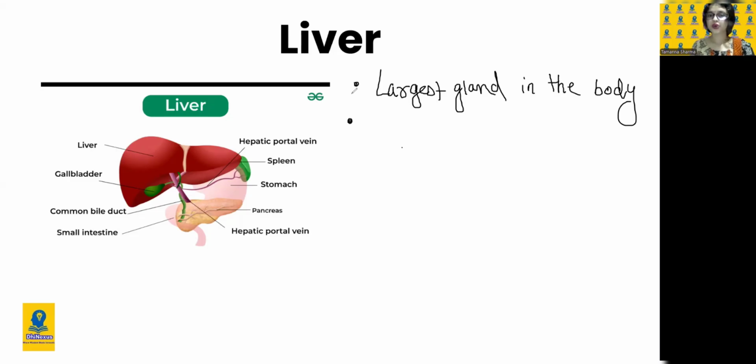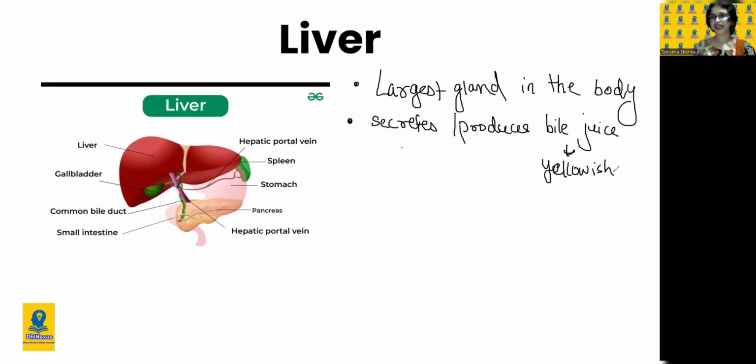Now, see, what does the liver help in? It helps in producing bile juice. It secretes or produces bile juice. And this bile juice is really important. It is yellowish green in color, like a yellowish green type of fluid.